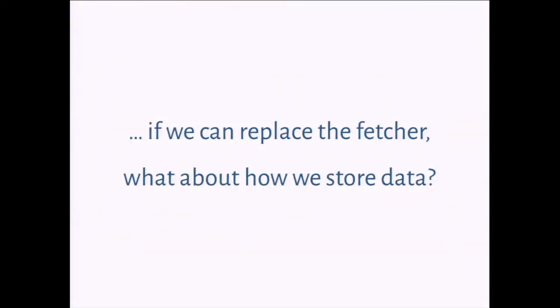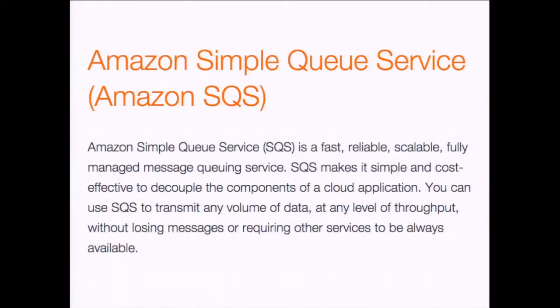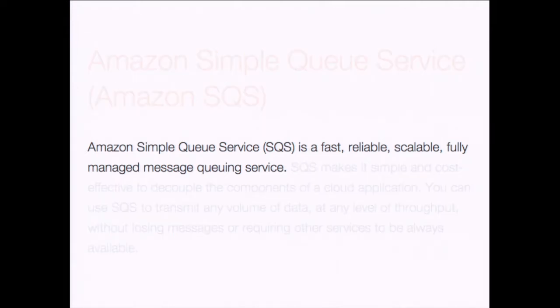The third, and honestly kind of rather evil, is, well, if we can replace how we get work, how about we change how we store data? Like, we're using Redis to store metadata and jobs, but necessarily we're not tied to that. So for anyone familiar with Amazon, there's this service called SQS, and SQS's description is quite literally a fast, reliable, scalable, fully managed message queuing service.